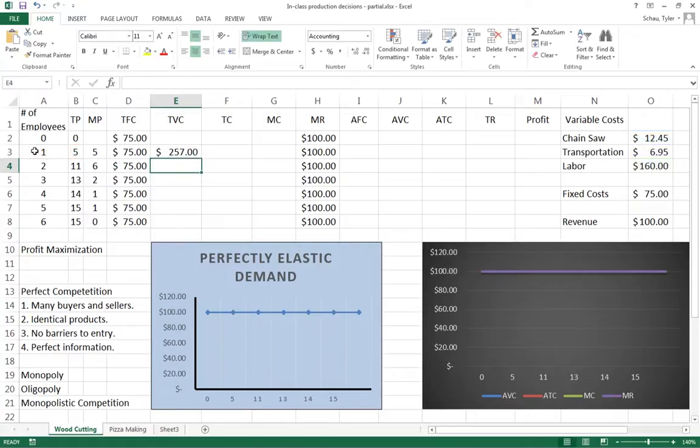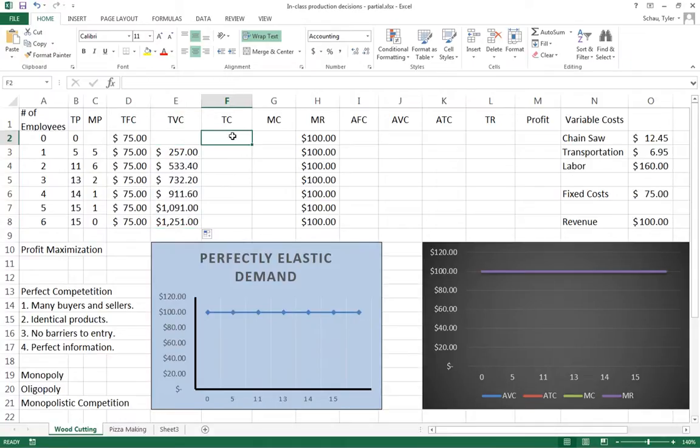Okay. I hit enter, and I'm going to have total variable costs of $257 each day for 1 employee. If I add a second, it increases to $533, $732.20, $911.60, and so on and so forth. So you can see the variable costs start to increase quite rapidly.